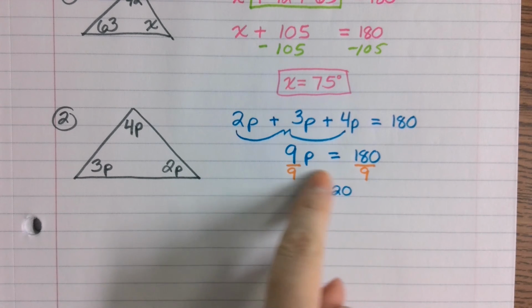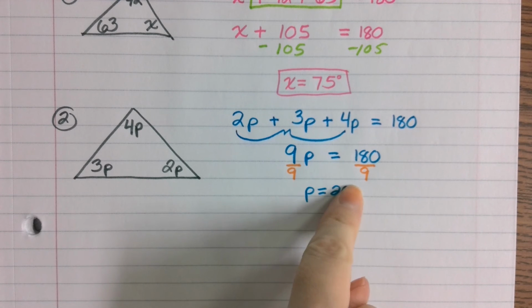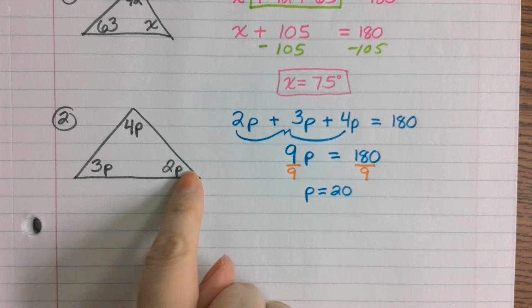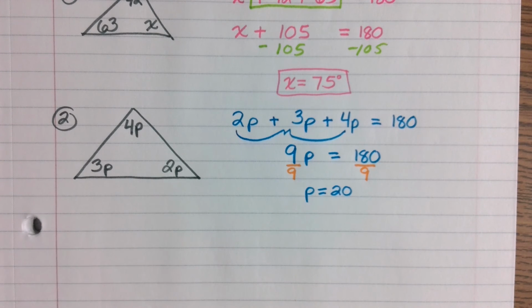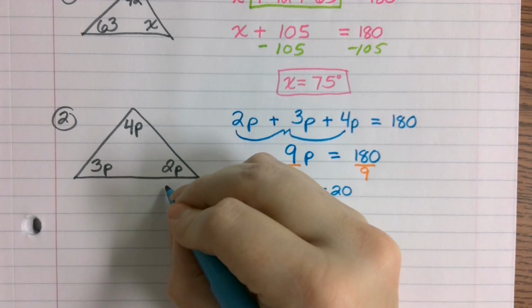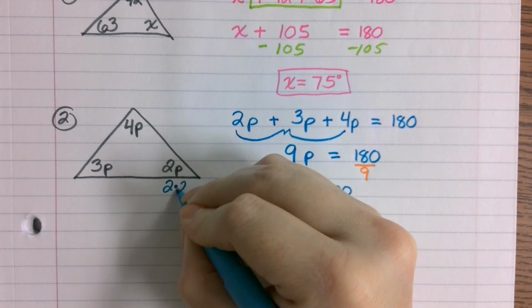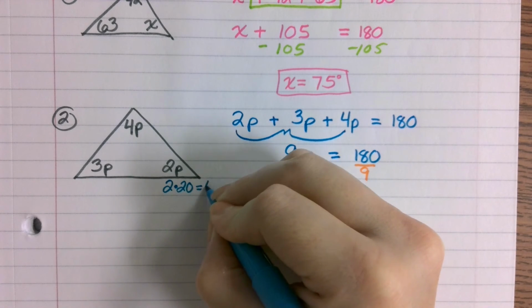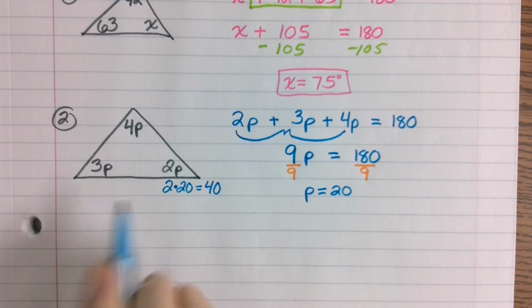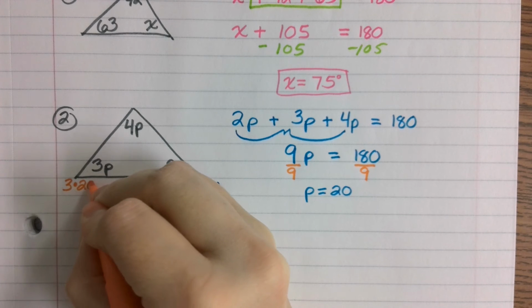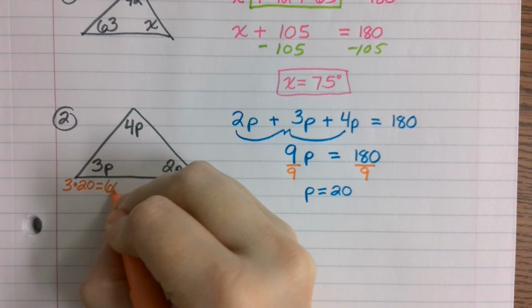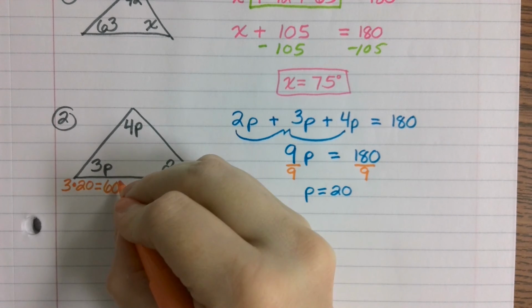If I substitute what I solved for back into each of these individual expressions, I can figure out each individual angle. So I can do 2 times 20, and that's going to equal 40. So my smallest angle is 40. My middle angle, I would do 3 times 20, and that would equal 60. So my middle angle is 60 degrees.